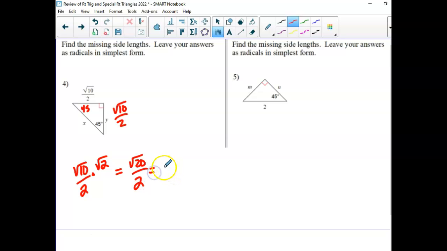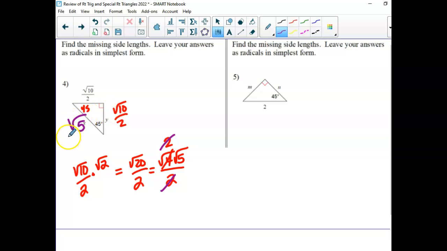How do you simplify the square root of 20, guys? You have to have a perfect square that goes in there, which is 4. The square root of 4 is 2. And then what happens? Yeah, this 2 divides by this 2, and we're just left with a square root of 5. Now, this is the length of a leg times the square root of 2.